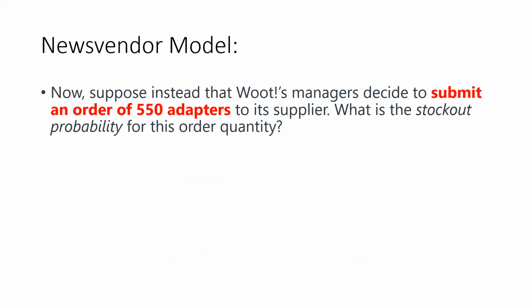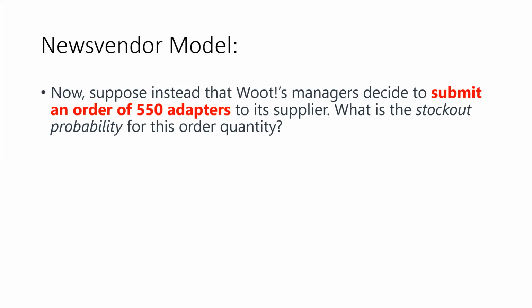Okay, newsvendor model. Go back to the Wood question. Suppose instead that the Wood manager decides to submit an order of 550 adapters to its supplier. What is the stock-out probability for this order quantity? The order quantity is already given as 550, and you need to figure out the stock-out probability, which is equal to 1 minus the critical ratio.